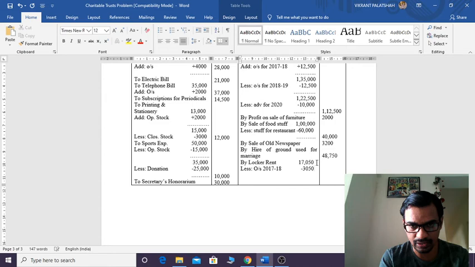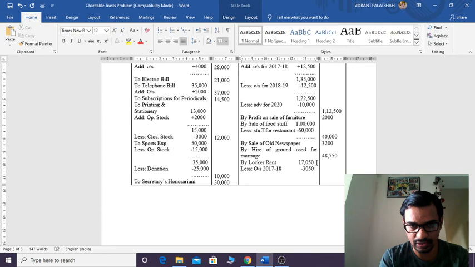Therefore 14,000 plus 1,500, so the outer column goes to how much? It is 15,500. And where is the other effect of this current year outstanding? That we have to show under the balance sheet asset side. Remember that. Okay, so in this way.